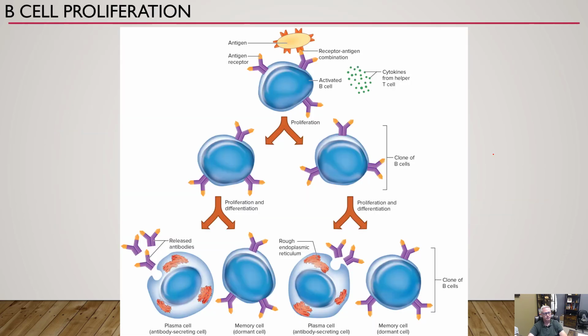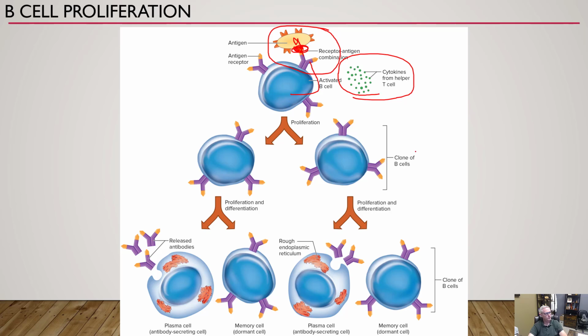All right, so here we have our antigen antibody complex. We have the antigen reacting at the receptor hookup here, and then we have those cytokines from the T cell.